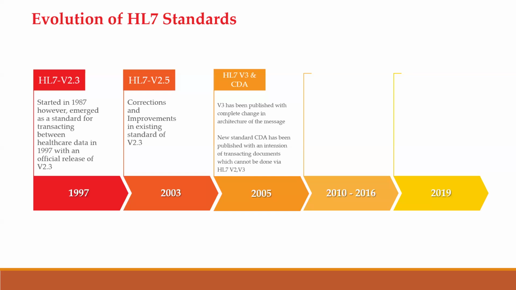And the tech competency at that point, and also the number of people who wanted to move from V2 to V3, were very, very few because of no financial value. It's just the same thing. You are just transacting the same data, but in a different format. That's the reason it was not very much welcomed by the industry. And today we don't see any V3 implementations anywhere. Even if new countries are planning to digitize their data, they are still using HL7 V2 only, but not V3.